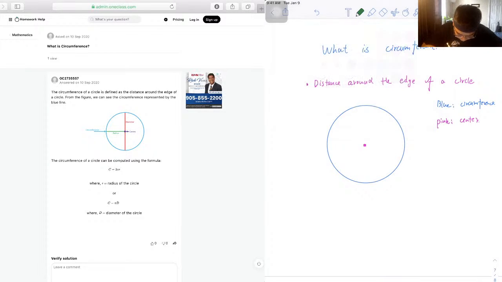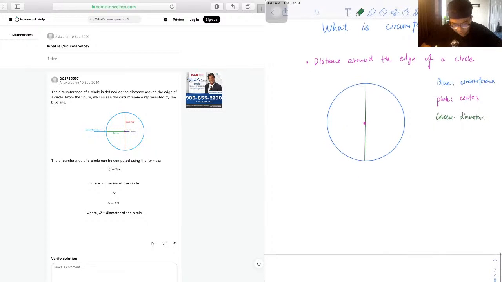And also, the green one will be our diameter, which is a line across the center.